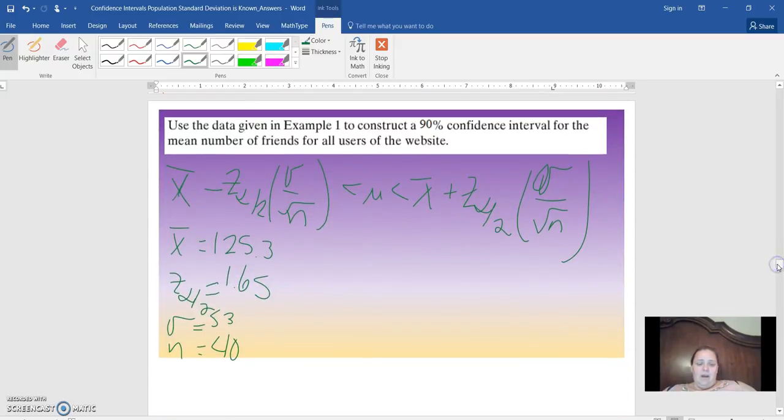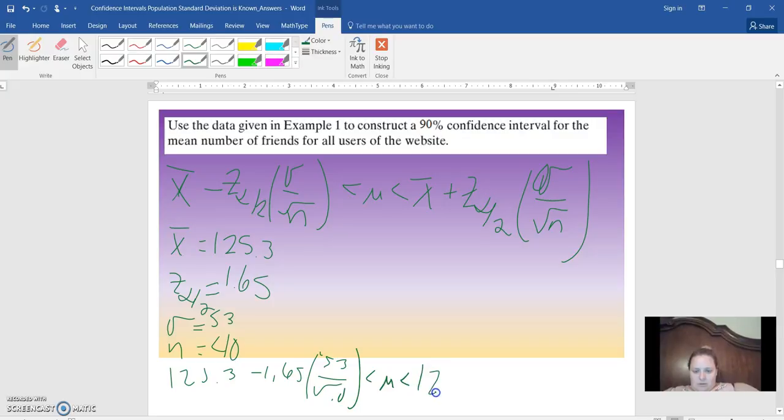All right, and so I'm just going to fill in the blanks. 125.3 minus 1.65 times sigma 53 over square root 40, and mu, 125.3 plus 1.65 times 53 over square root 40.